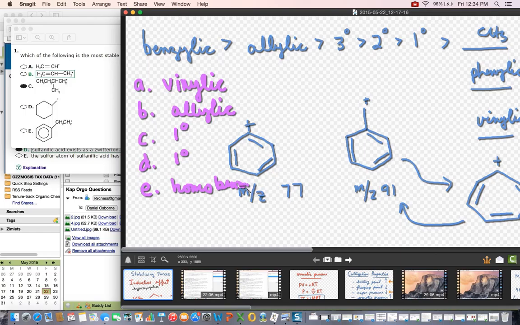In organic and in biochem, we use the prefix homo to mean one more carbon than normal. If the positive charge was on the CH2 bonded to the aromatic ring, E would be the best answer. But as it is, B is the best answer because it's the only one capable of resonance stabilization.